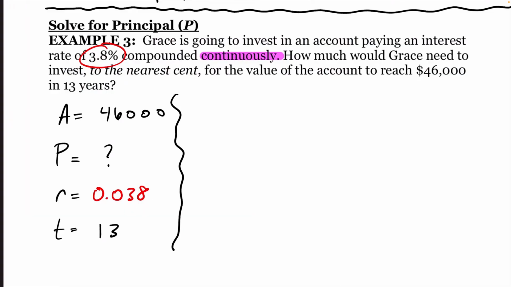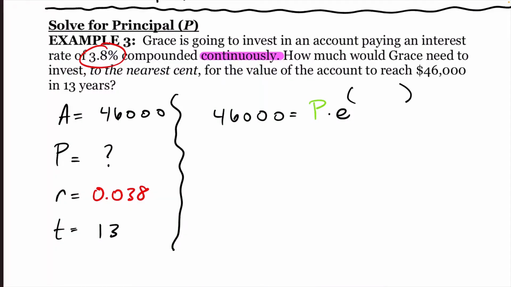We're going to go back to this formula here and write everything I know. So we know A is $46,000. We don't know P, so we're just going to put P times E. E is a button on our calculator, so we can just put E. Power.